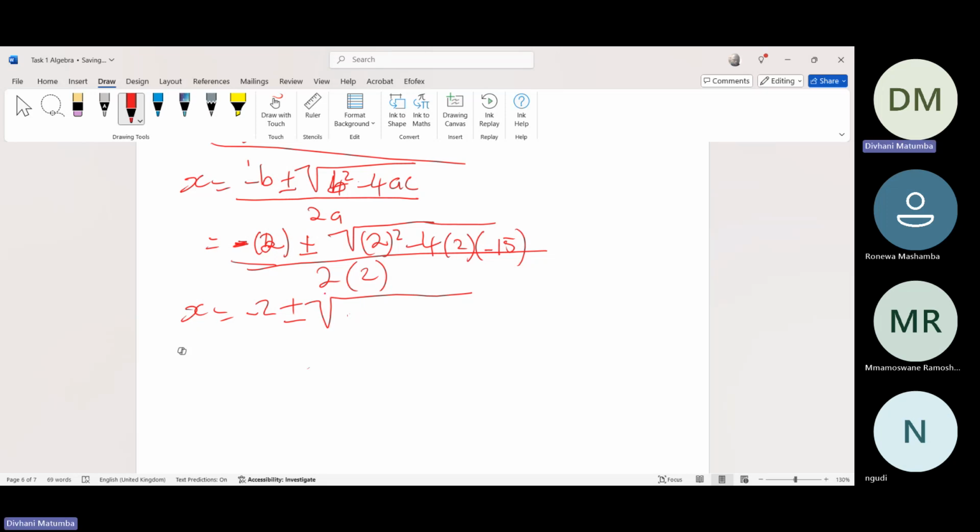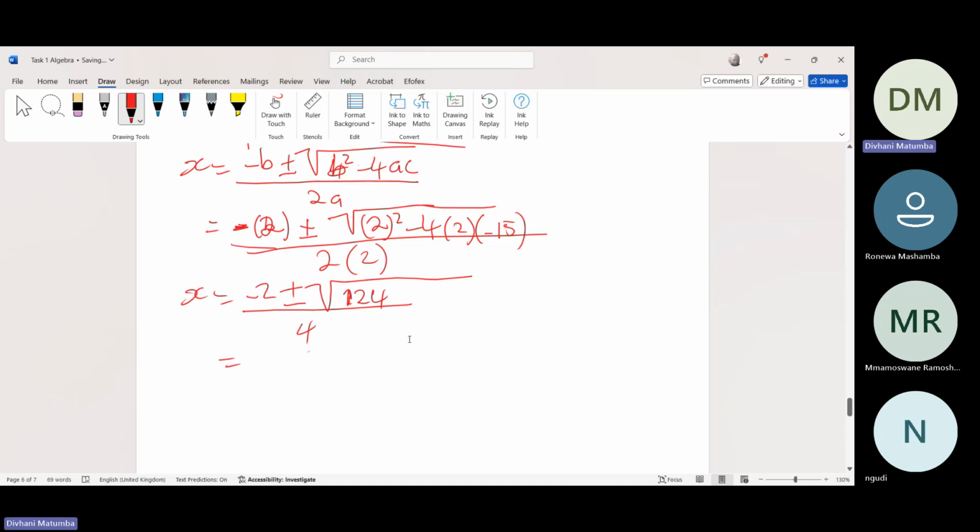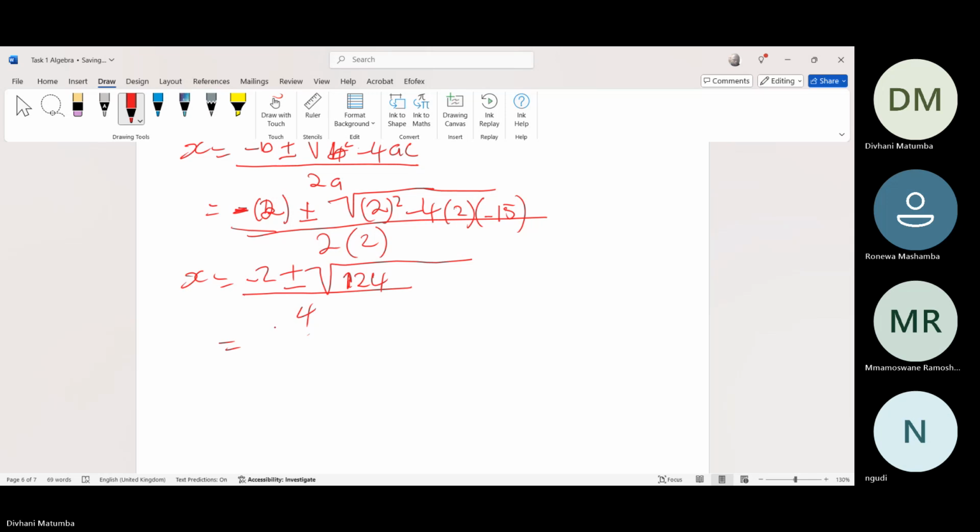Yeah, it's 120 plus 4, 124, divided by 4. So the value of x is given by minus 2 plus, what is the square root of 124?